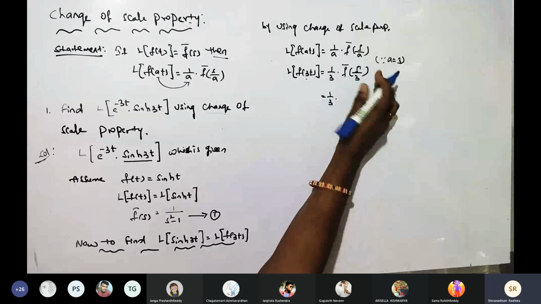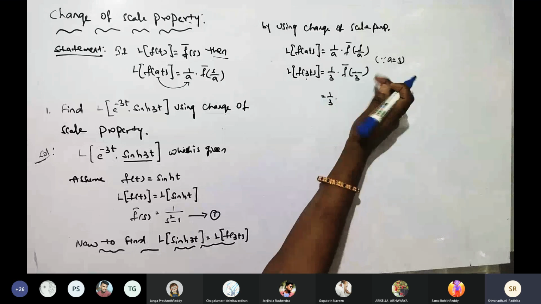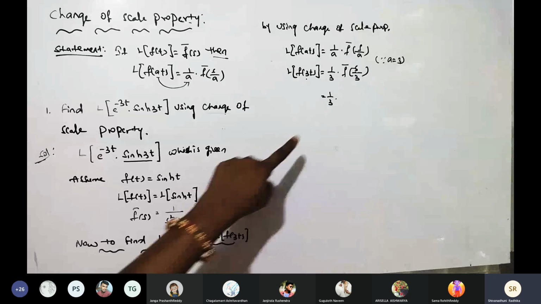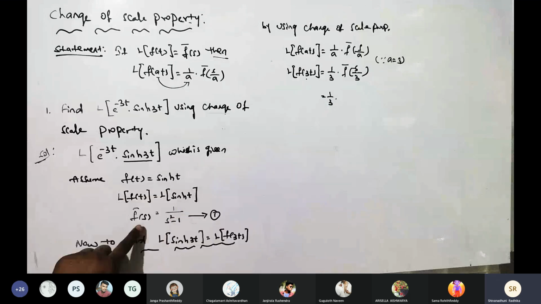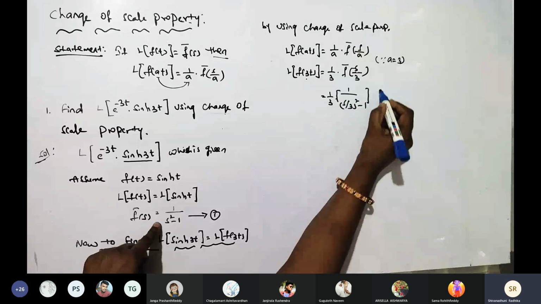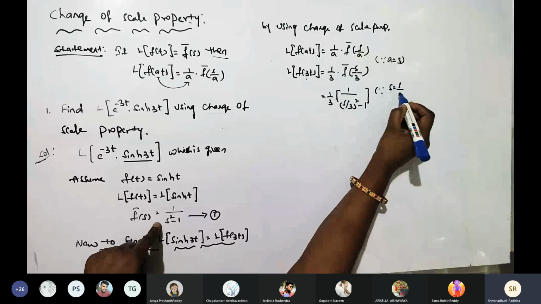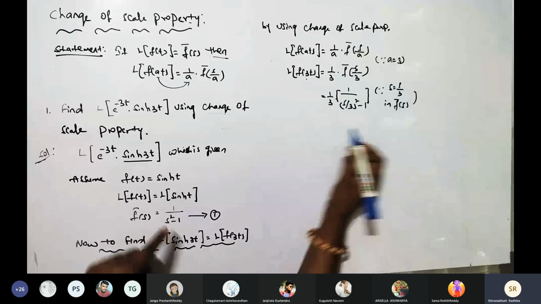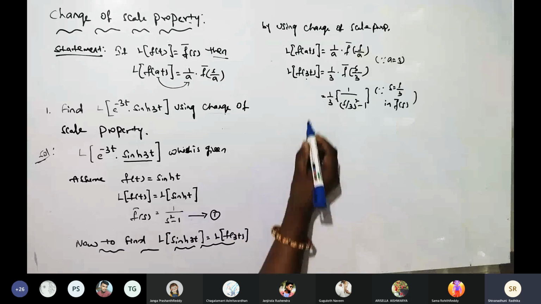We substitute s equals s by 3 in f bar of s, so that is 1 by (s by 3) whole square minus 1. So L of f of 3t is L of sinh 3t.